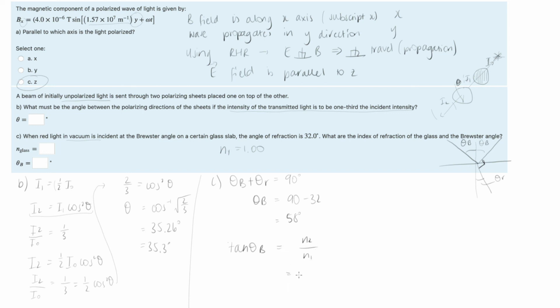Now N1 is 1, therefore tan theta of the Brewster angle equals N2. Therefore, N2 is going to equal tan of 58 degrees. Then when we do that, we get basically exactly 1.600. So that is the refractive index of glass, and that's how we do this question.